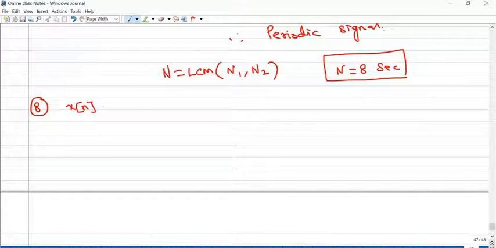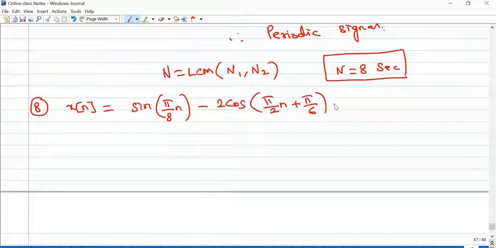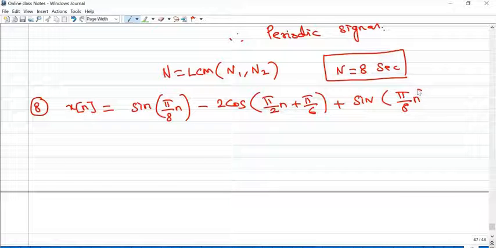Identify whether the given signal is periodic signal or aperiodic signal. x of n equal to sine pi by 8n minus 2 cos of (pi by 2n plus pi by 6) plus sine of pi by 8n. Okay. 3 components. Sine function, second one is cos of something, third one is sine of something.